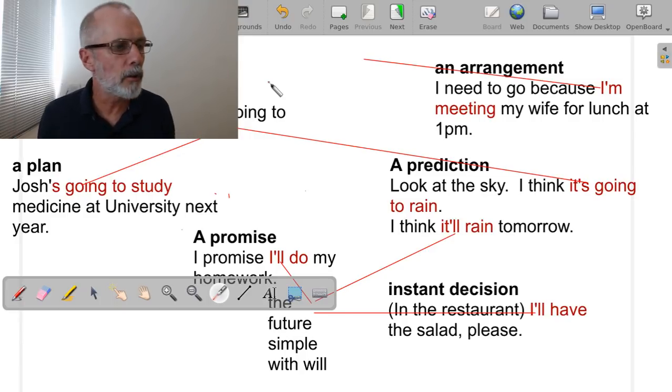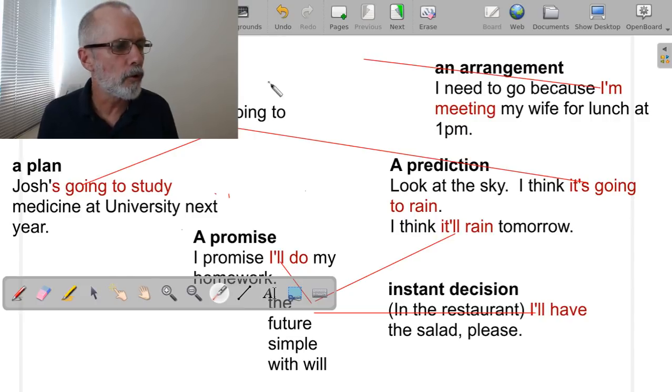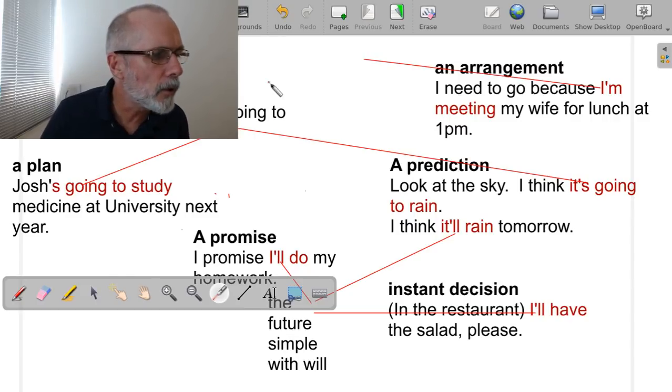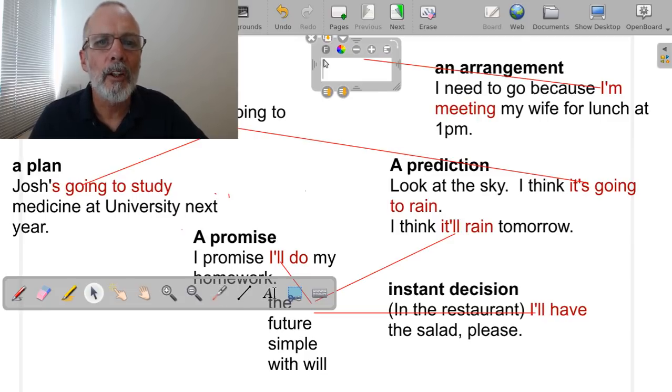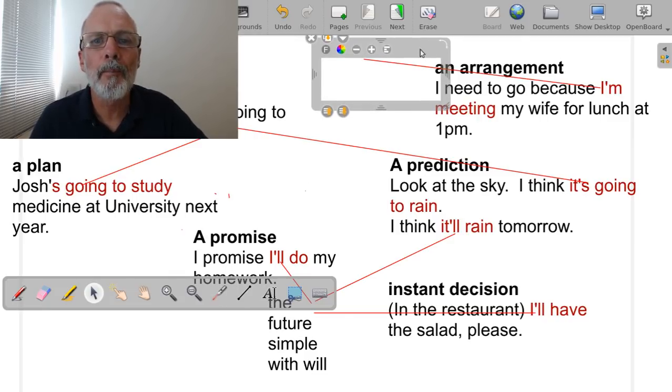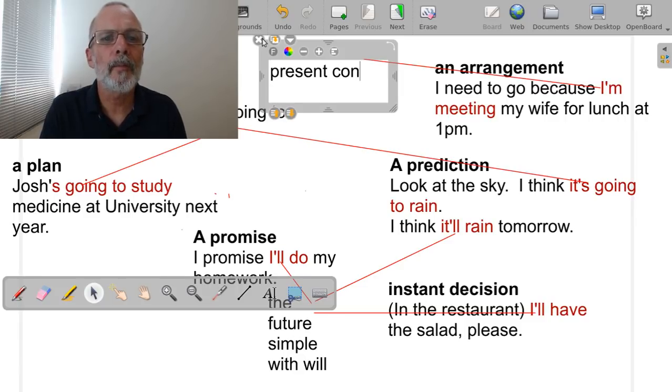Is it the future continuous, the past continuous, the present continuous? The present continuous, Coyote, very good. So we've already seen this tense before. We can use it to talk about things happening now, but we can also use it for future arrangements.